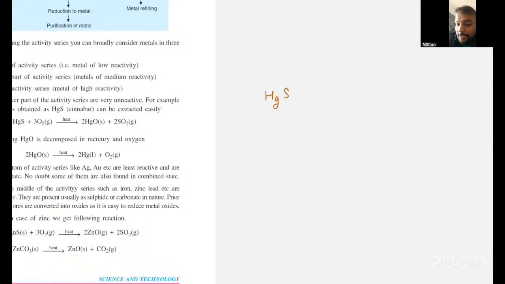I have to heat it in the presence of oxygen, and after heating I will get HgO, which is the oxide of the metal, plus sulfur dioxide gas will be released. So this question can also be asked: in roasting, which gas is released? In roasting, sulfur dioxide gas is released. Got it?